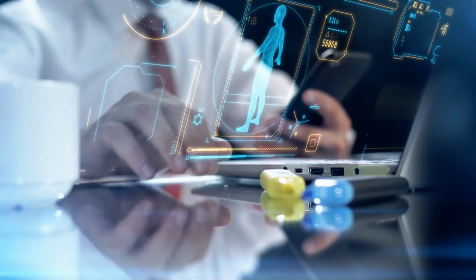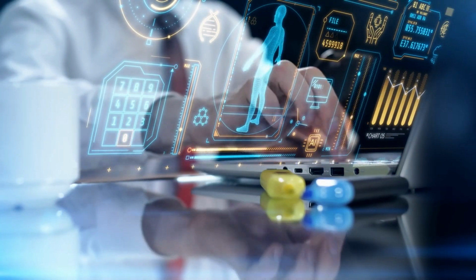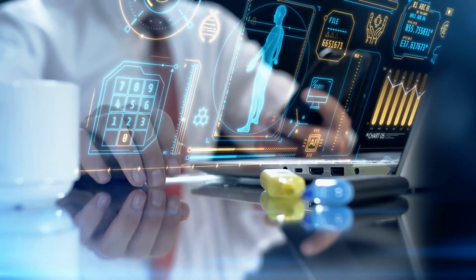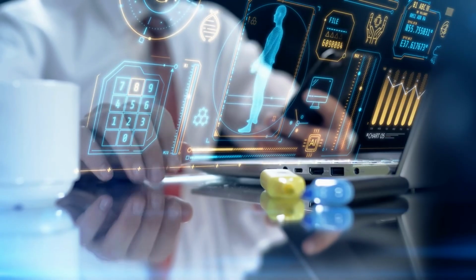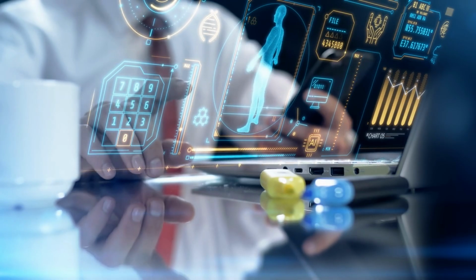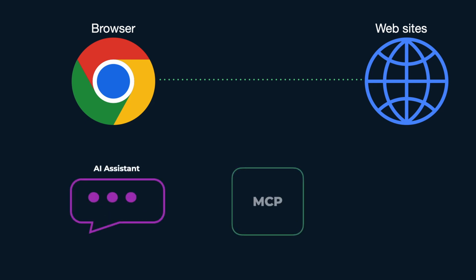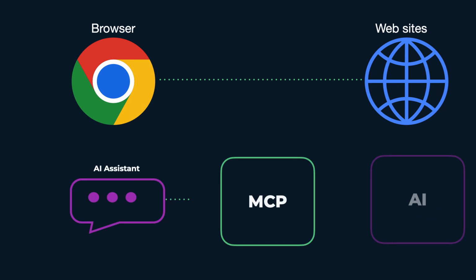AI agents become dramatically more useful and fun to use. And perhaps most importantly, we are moving toward a future where AI systems can interact with software in a standard way, just like web browsers standardize access to websites through HTTP. MCP could standardize access to tools for AI.